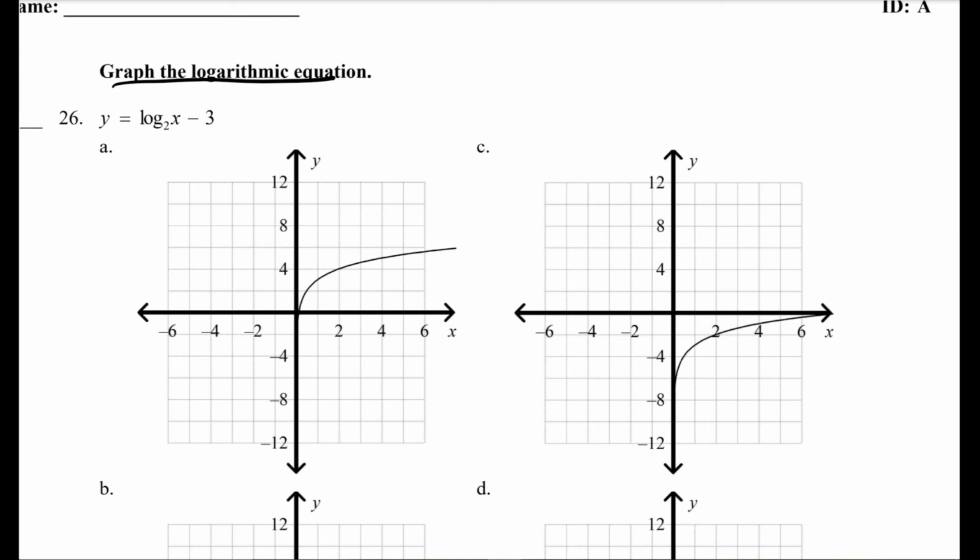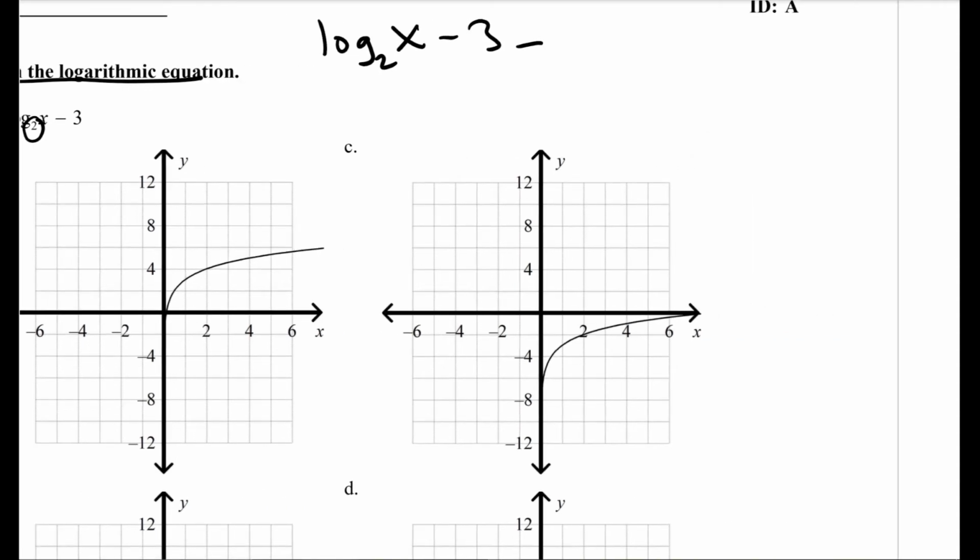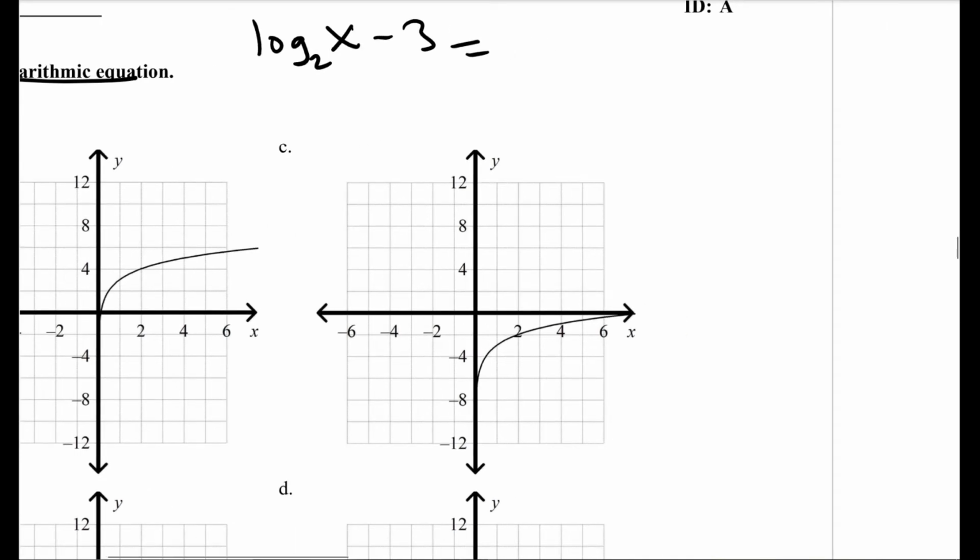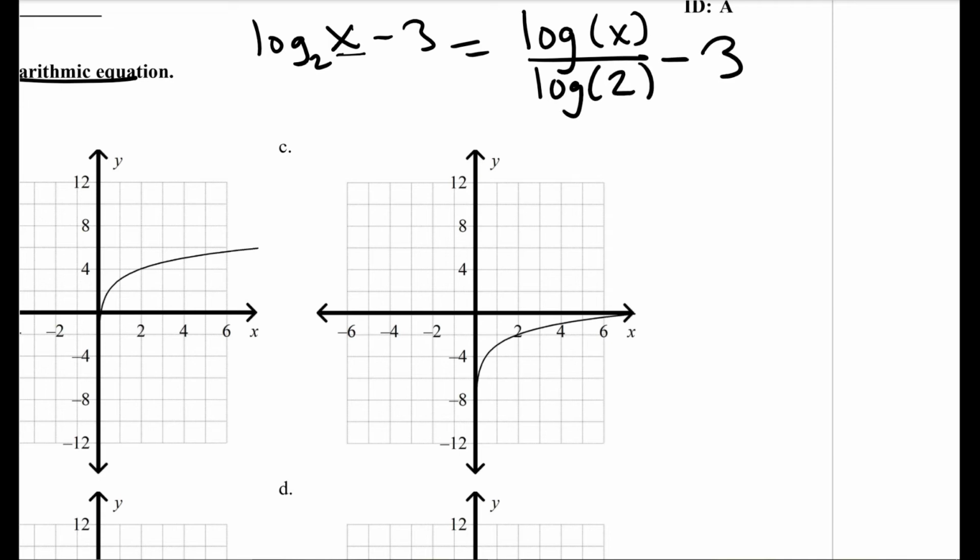What you want to do is remember that there is no log base 2 key. So if you want to type the log base 2 of x in, remember you got to do the change of base formula. So you got to use the log of the argument, which is x, divided by the log of the base, which is 2. And then you can go ahead and subtract the 3.